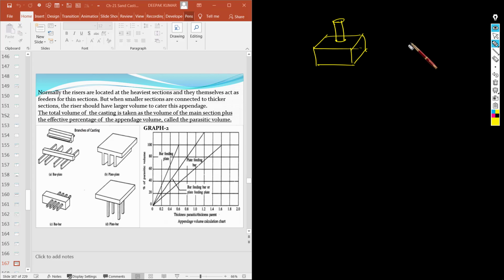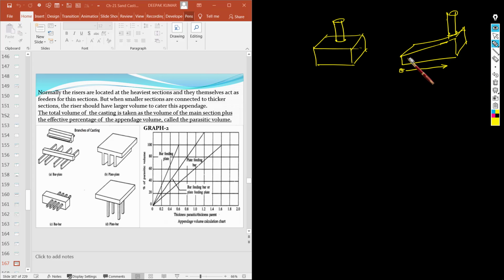But if the shape is something like this, obviously the riser will be on the heavier side where the material is more, because solidification will start from this direction and proceed in this direction.